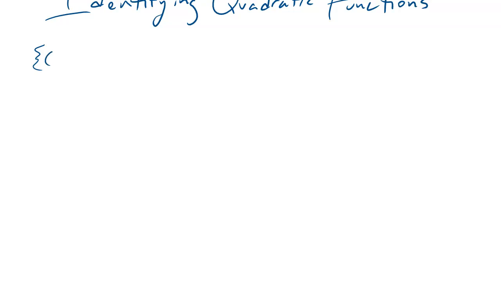I want to give it to you this way because this is probably the most difficult way to tell if something is quadratic. So if you're given points like this, you're asked, is this a quadratic function?